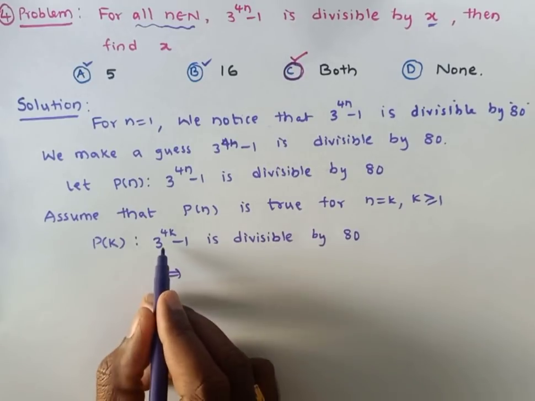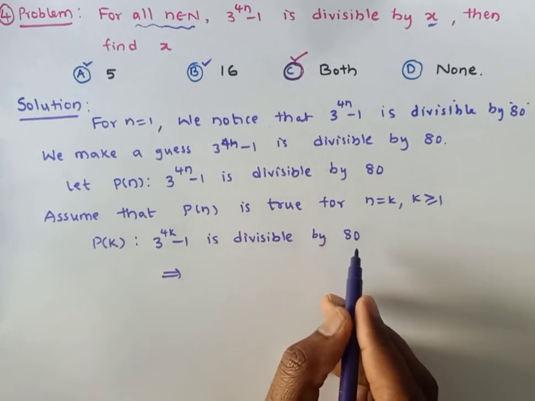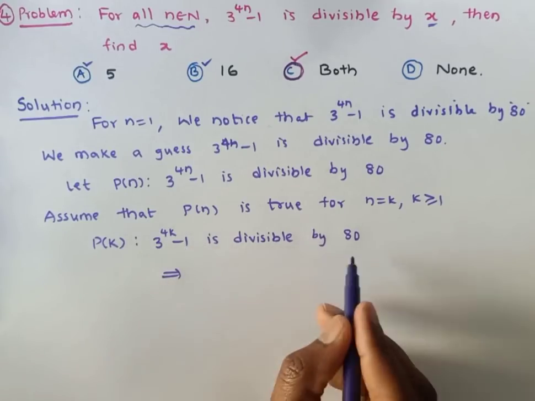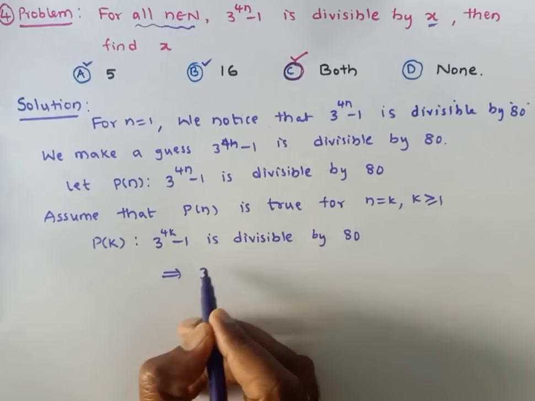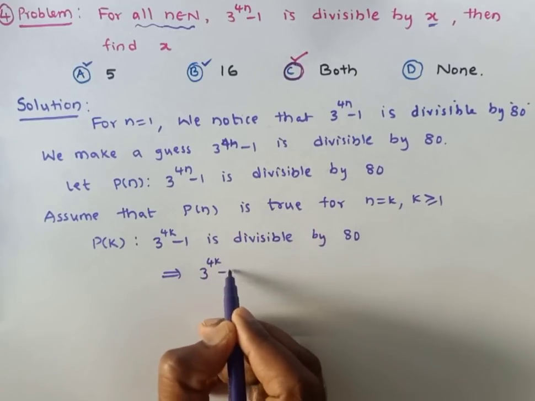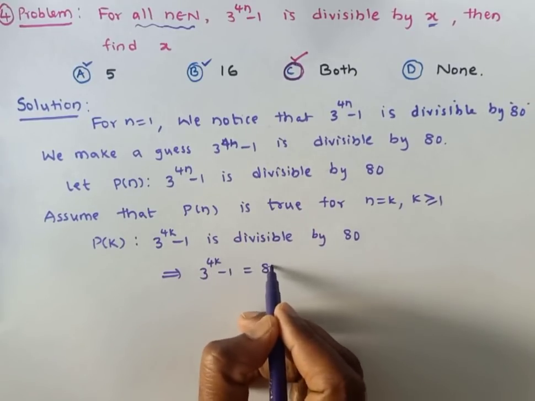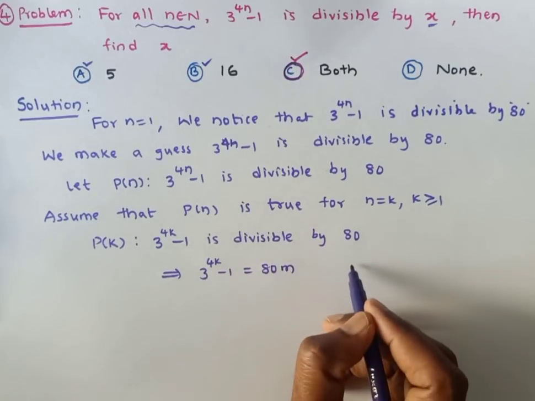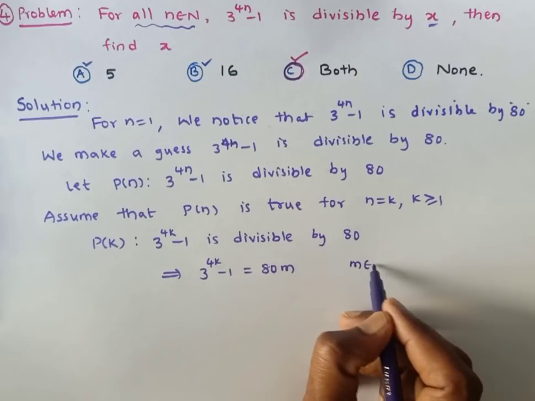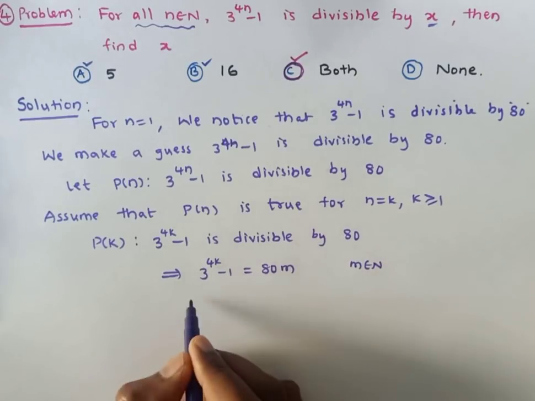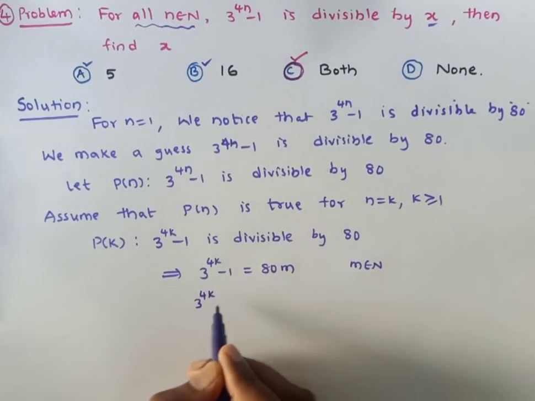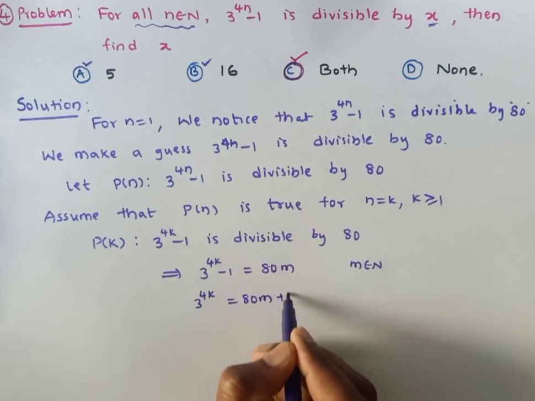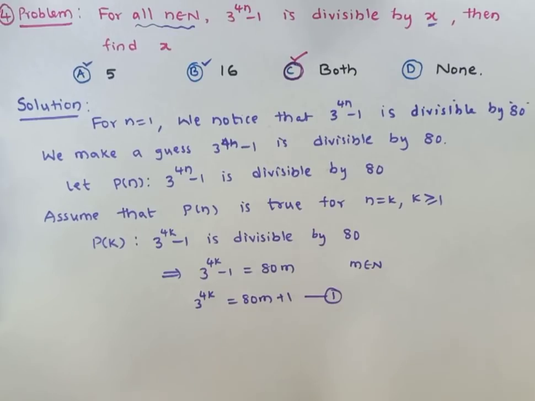That means 3 power 4k minus 1 is equal to 80 into some constant, let it be m. Here m is also a natural number. Now finally 3 to the power of 4k is equal to 80m plus 1. Let this be our statement 1.